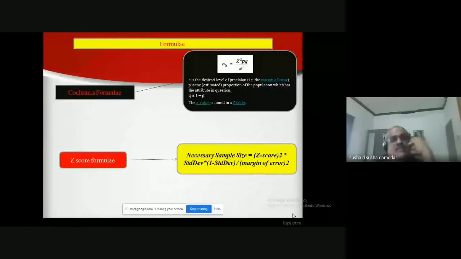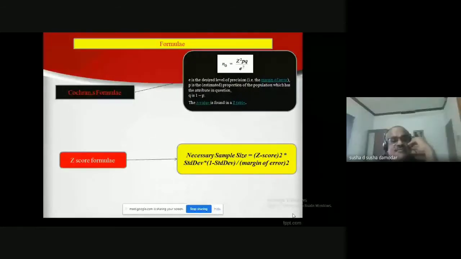So different formulas are available. The first formula, Cochran formula, N0 is equal to Z square PQ divided by E square. Z score formula: necessary sample size is equal to Z square into standard deviation into 1 minus standard deviation divided by margin of error square.